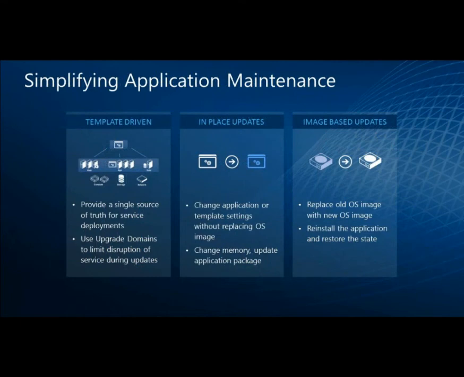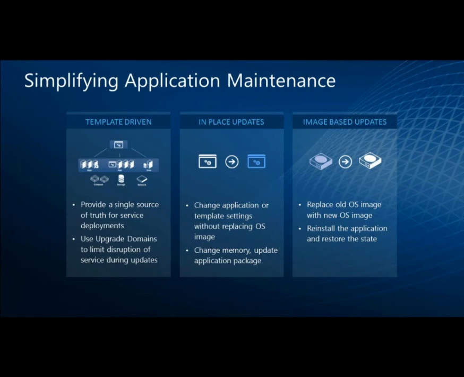So the services that we deploy are template driven, and by having this one template as the source of truth, what we're really gaining is that when we want to update this service, we can update the template and push it down to these multiple instances of this deployed service.